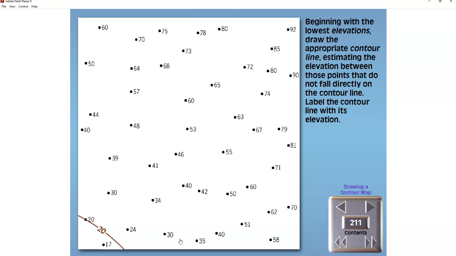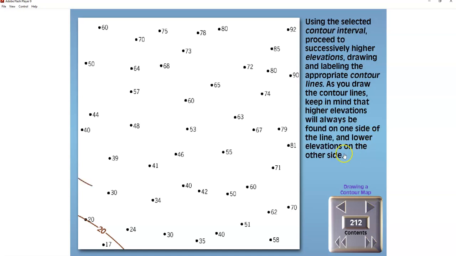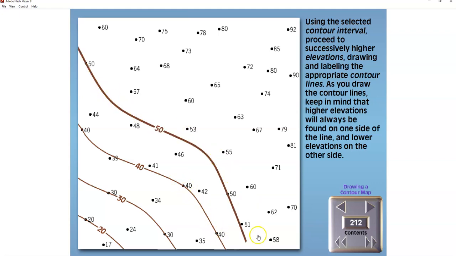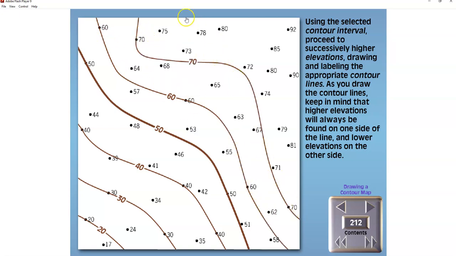Label the contour line with its elevation. Using the selected contour interval, proceed to successively higher elevations, drawing and labeling the appropriate contour lines. As you draw the contour lines, keep in mind that higher elevations will always be found on one side of the line and lower elevations on the other side.